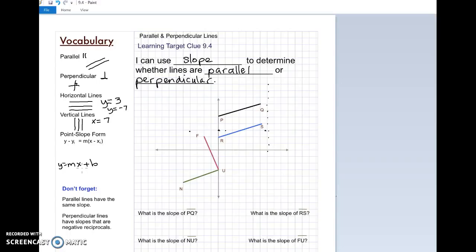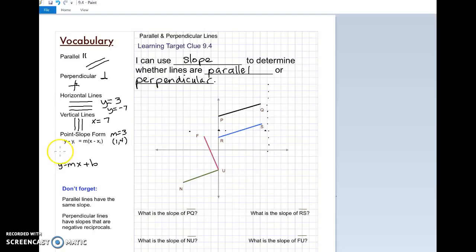What that means is you take a point. So if I say, tell me the equation of a line that has a slope of 3 and goes through the point (1, 4), then I can take this information, m equals 3 and the point (1, 4), and plug it into the point-slope form.